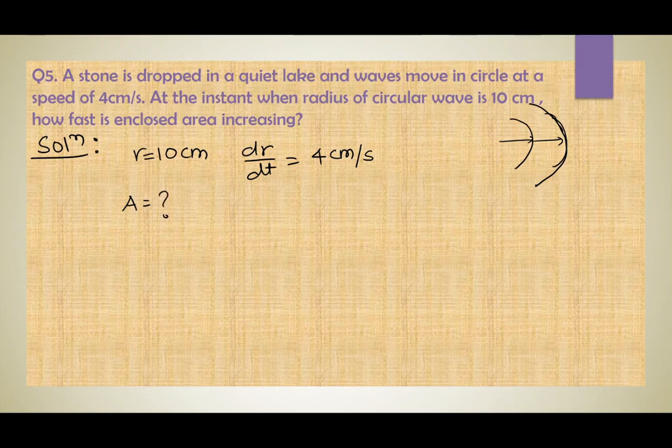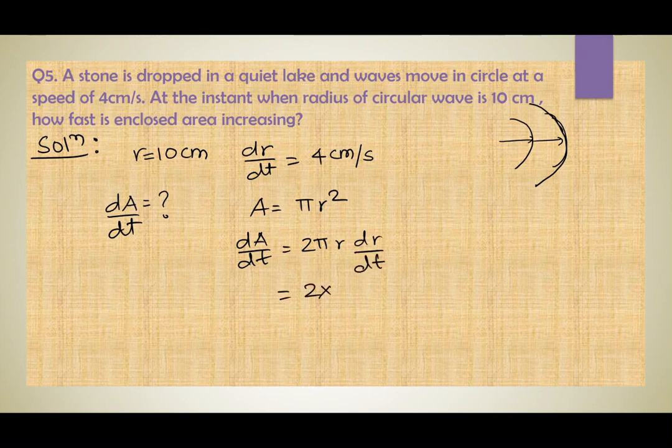Okay, how fast is the enclosed area increasing? Right. So I need the value of dA by dt. Okay. So I'll start from area. So area का formula क्या रहने वाला? Pi r square. dA by dt would be equal to how much? It is going to be 2 pi r into dr by dt. So 2 into pi into r, how much is r? R is 10 into dr by dt यानी कितना आ जाएगा?